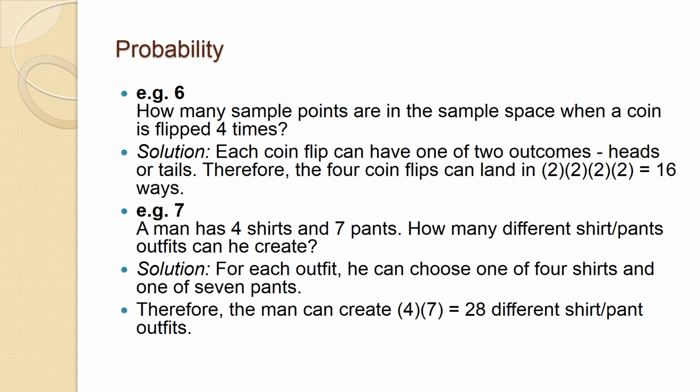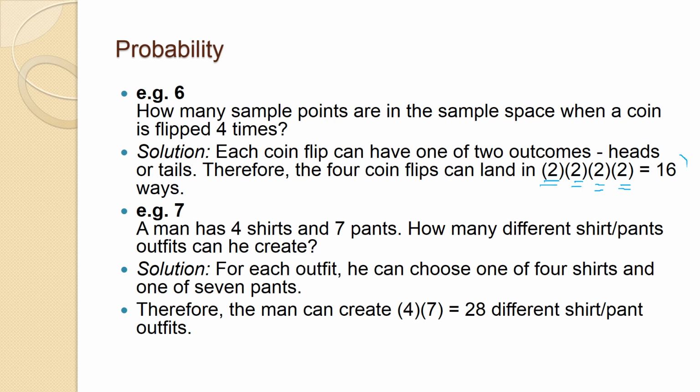For example, how many sample points are in the sample space when a coin is flipped 4 times? Which means, how many sample points do we get if we flip the coin 4 times. Every coin has 2 possible ways. So 2 flipped 4 times: 2, 4, 8, and 16.